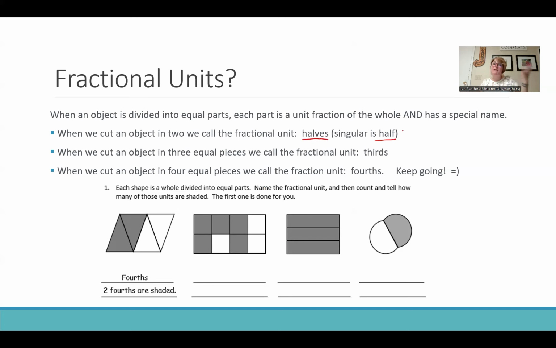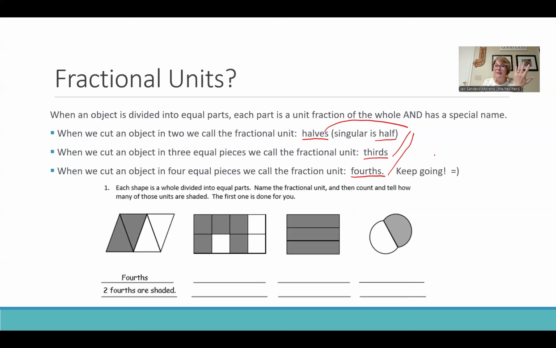So those special names that have to do with fraction pieces, that's what fractional units are. Light bulb. Okay, so when we cut it into 3 equal parts, of course, it's thirds. When we cut it into 4 equal parts, fourths, fifths, sixths. So that language right here is what we mean by a fractional unit.